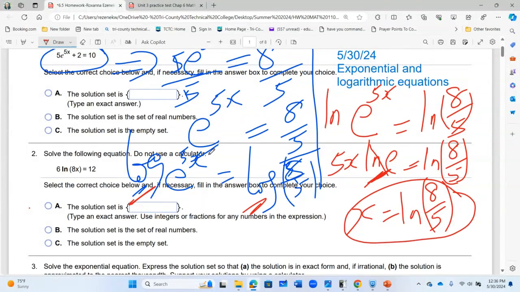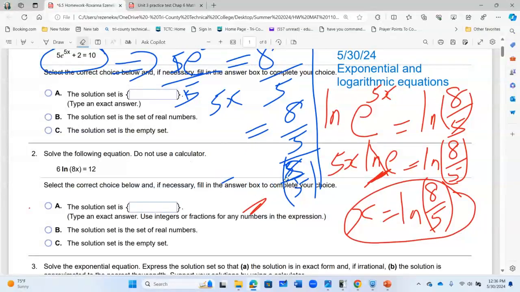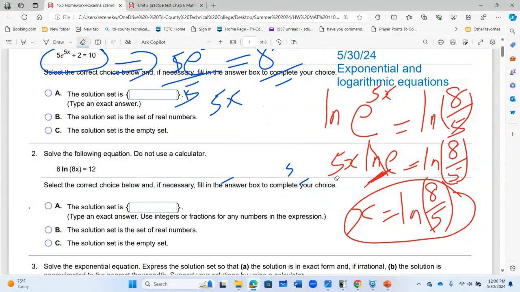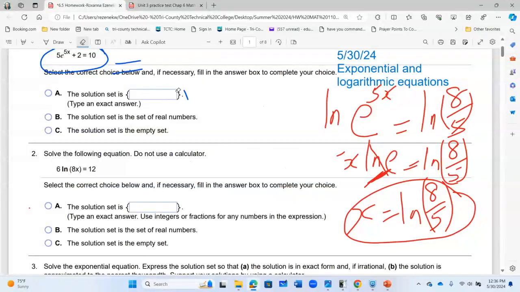Let's go to number 2. We're now in situations where the exponents or logarithms do not have the same base.